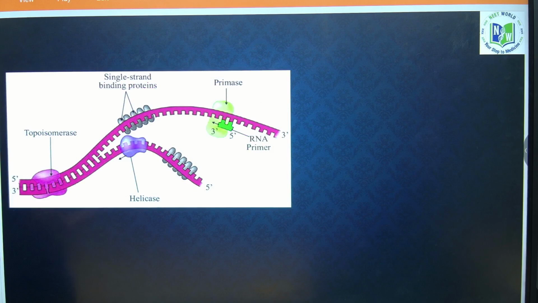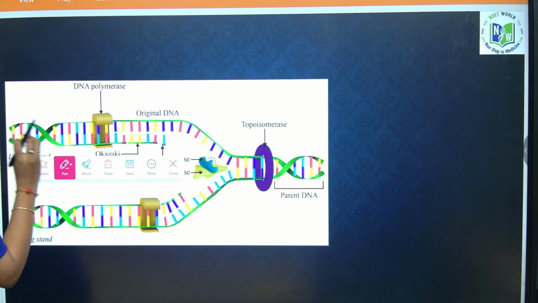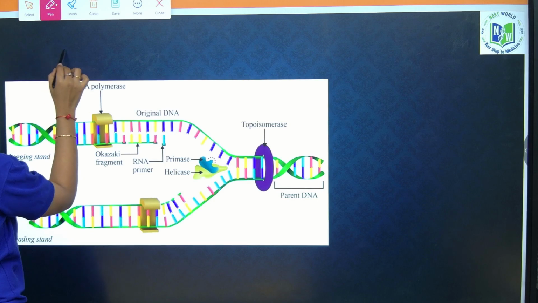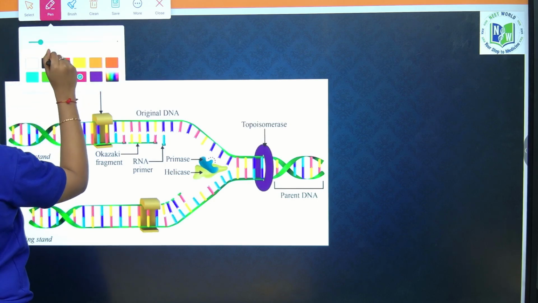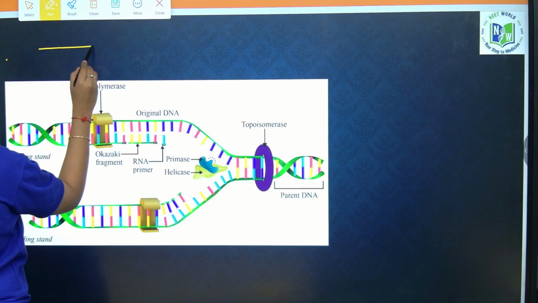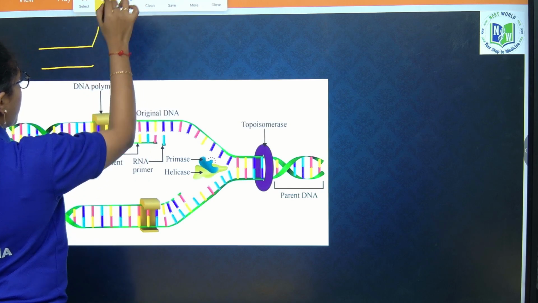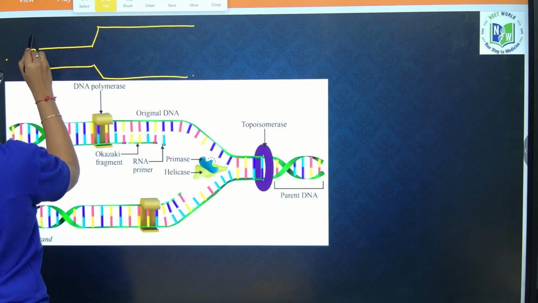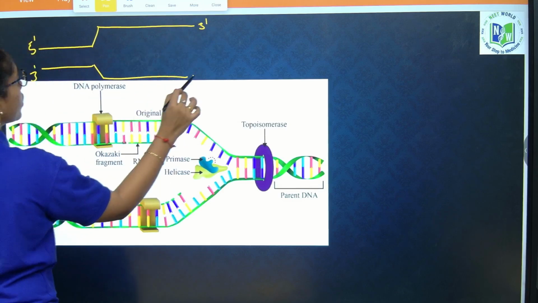Next, from here you will clearly understand how a new DNA strand is synthesized. From the parent strand, the replication fork is formed, with 5' to 3' and 3' to 5' strands.